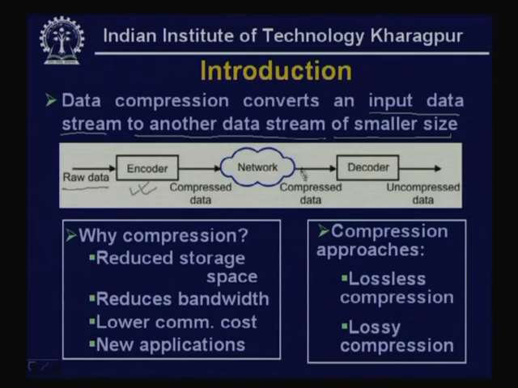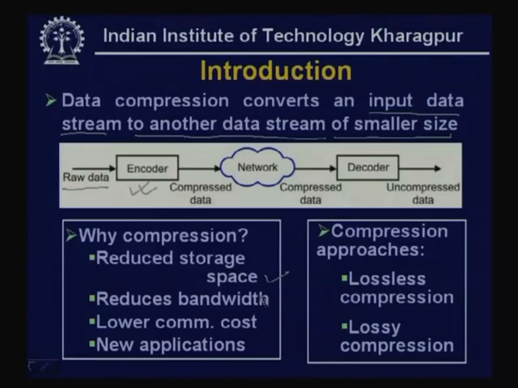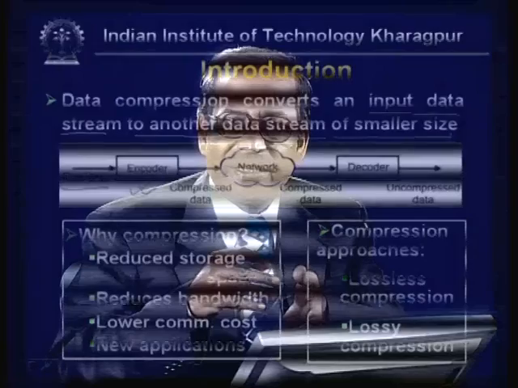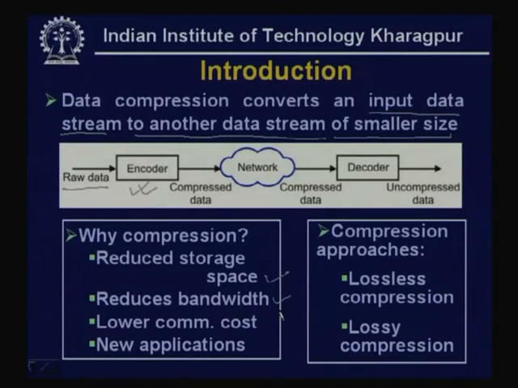So, the need for compression is quite clear. First of all, it reduces the storage space. The amount of storage that you will require in uncompressed data is significantly larger than the compressed data. Similarly, it will require reduced bandwidth for transmission through a network. Because of lesser bandwidth of the converted signal, it will be possible to send through a network of smaller bandwidth or communication link of lower bandwidth.